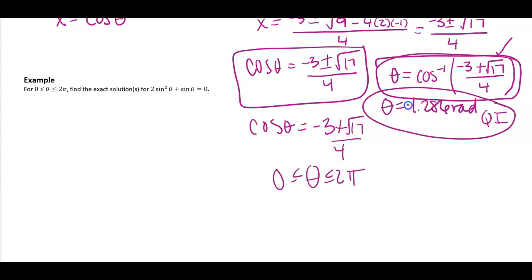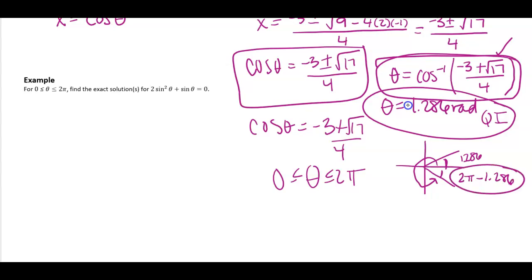So I have one of them in quadrant 1, but I also need to find it in quadrant 4 to get that same answer. Whatever this is in radians, 1.286, it would just be a reflection down here in radians. And so that would be whatever 2 pi minus 1.286 is.